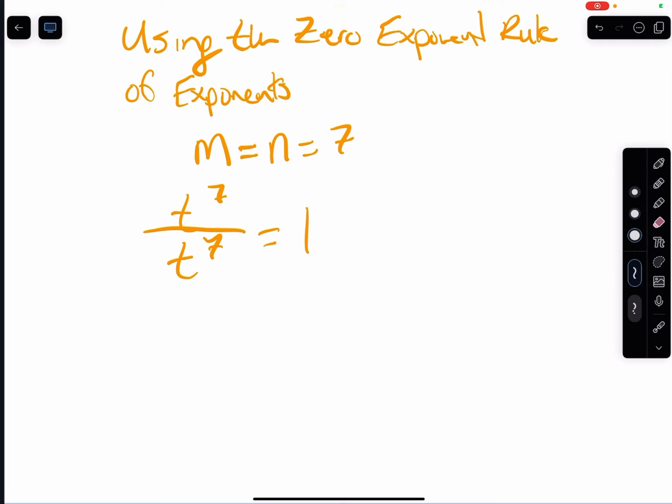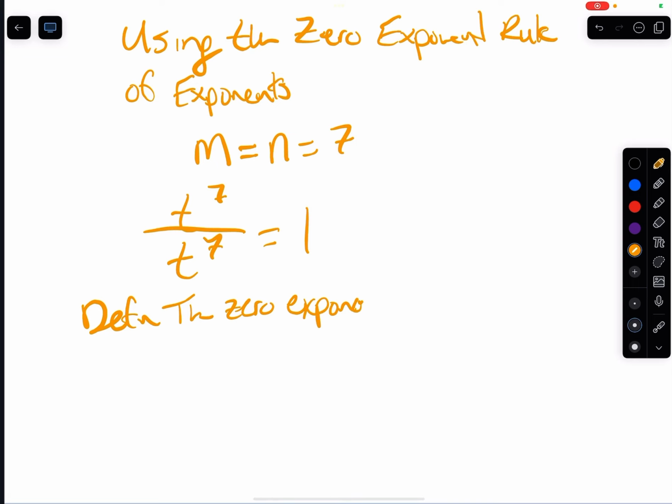So let's write out a definition. The 0 exponent rule of exponents.